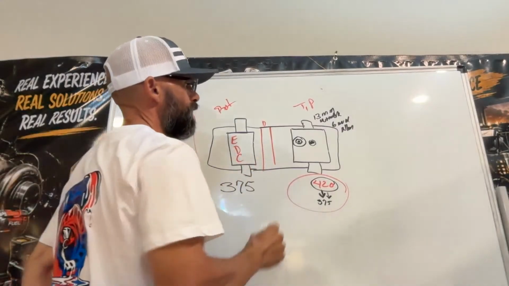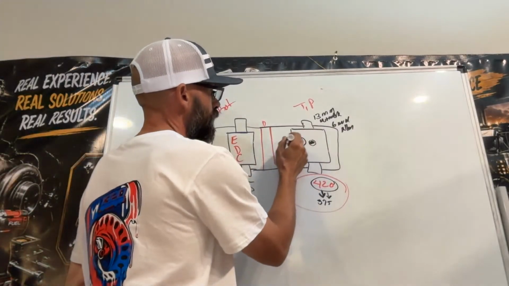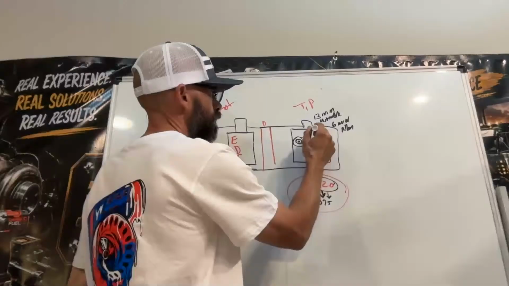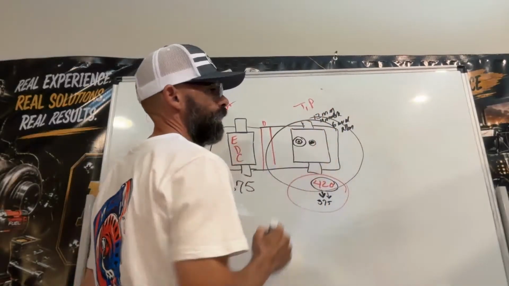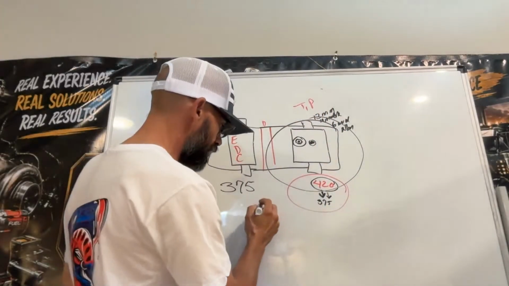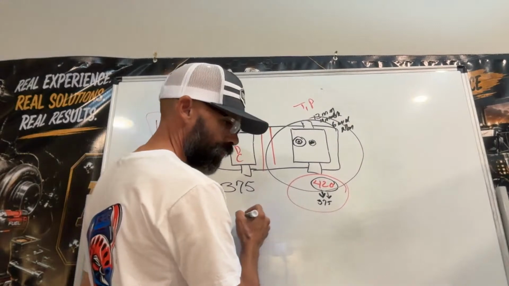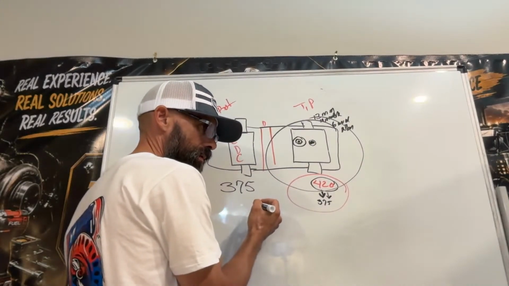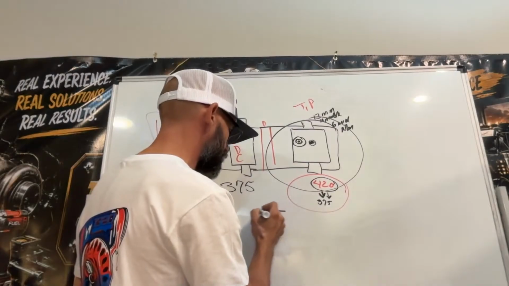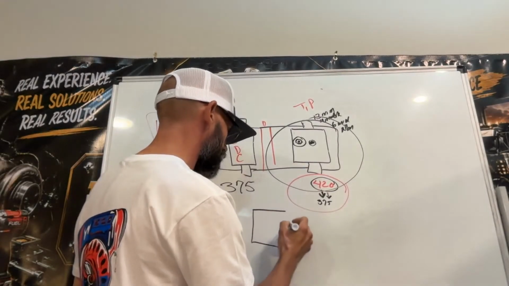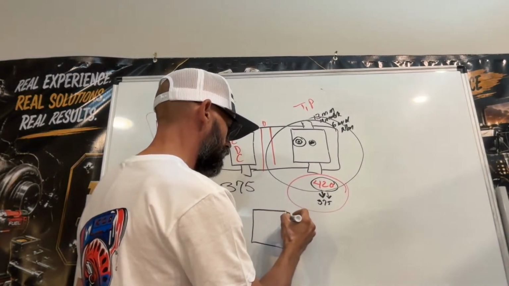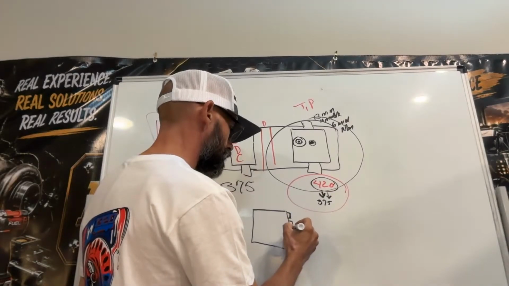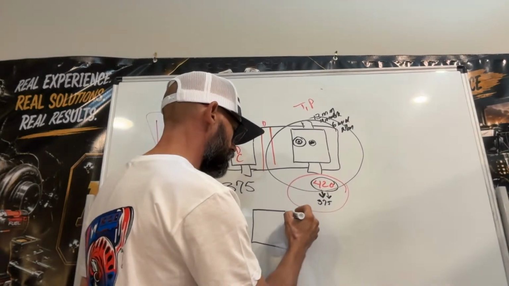Why? Because remember, this section of the pump, inside, let me put it, how can I draw it? Okay, so you have the swash plate. You have right here the rotating group, right? With the slippers.